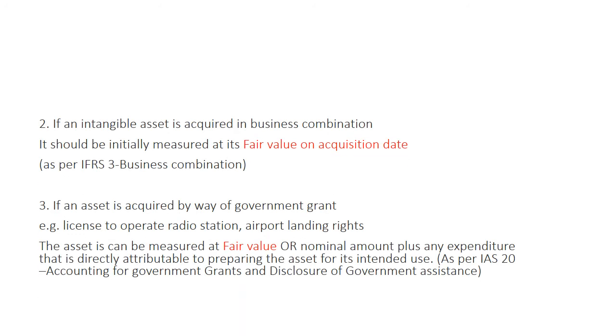Well, point number two, if an asset is acquired in a business combination, this is initially going to be measured at fair value on the acquisition date, as explained in IFRS 3 Business Combinations. Well, and if an asset is acquired by way of a government grant, for example, a license to operate a radio station or airport landing rights, this is going to be measured at fair value or nominal amount plus any expenditure that is directly attributable to preparing the asset for its intended use.